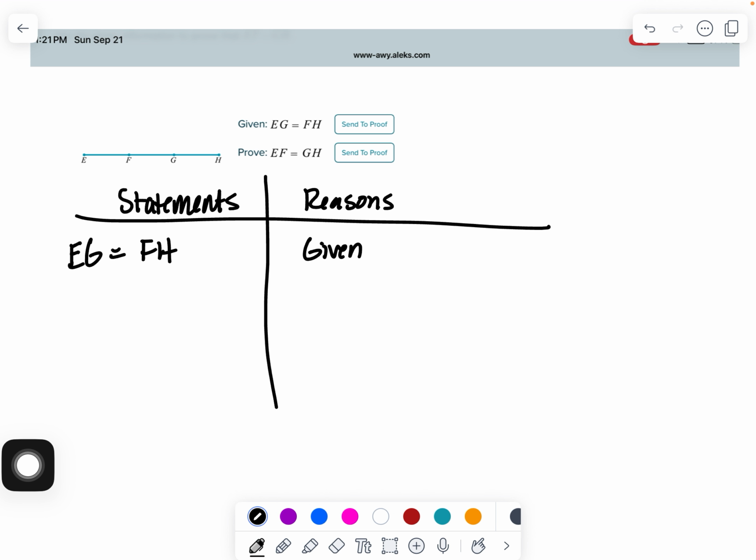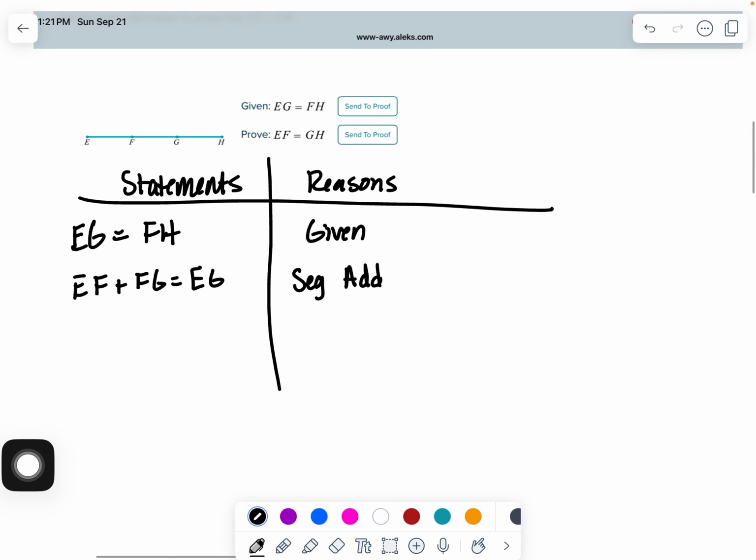And then I start with EF plus FG equals EG. There we go, segment addition. And then FG plus GH equals FH. There's some more segment addition.